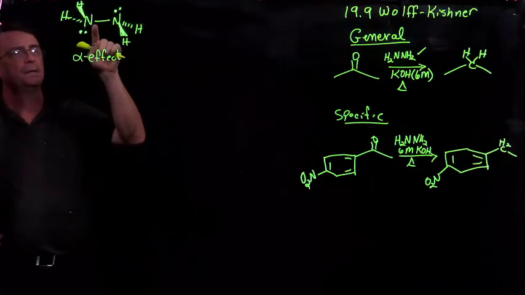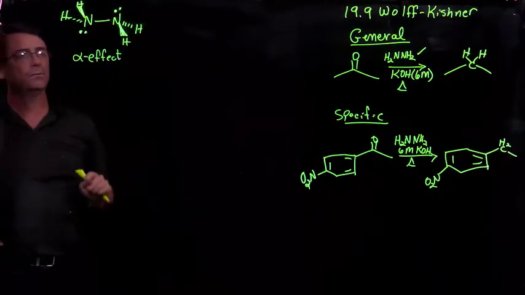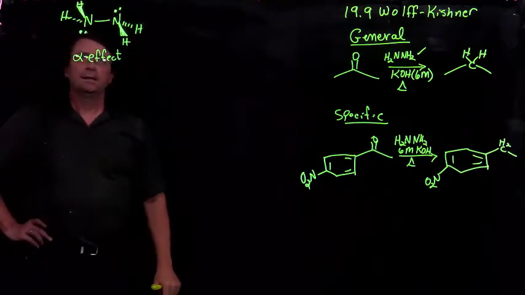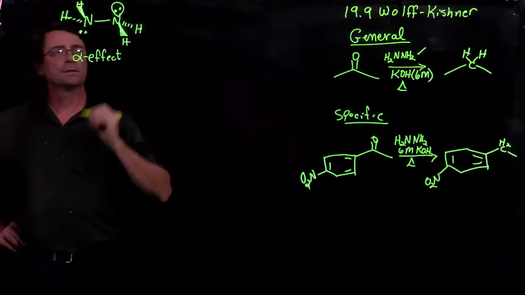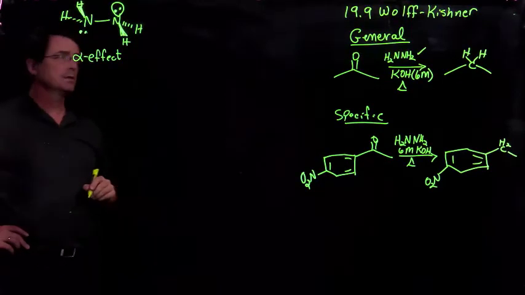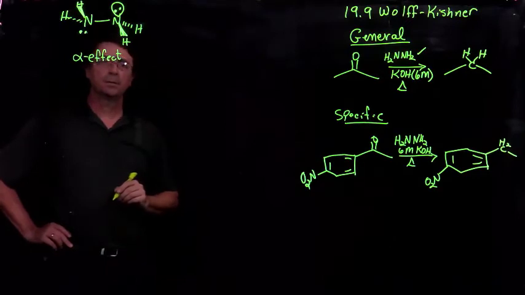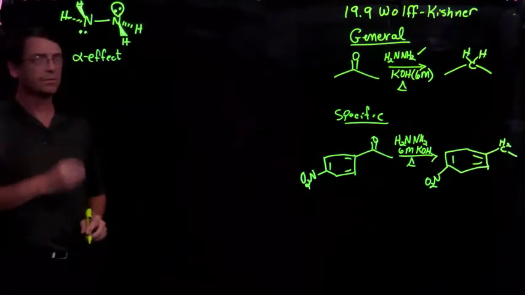When the atom next to the one of interest has a lone pair also, that is the alpha atom, then the nucleophilicity of that lone pair of atoms is greatly enhanced. And so you don't need base or acid catalysts. Now, obviously, we have basic conditions under the Wolff-Kishner.